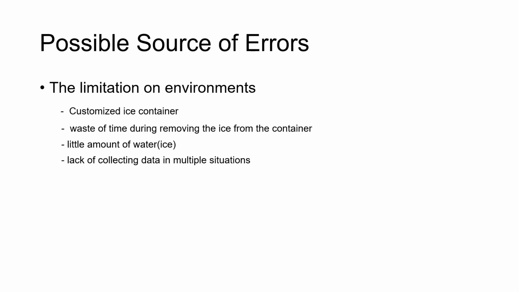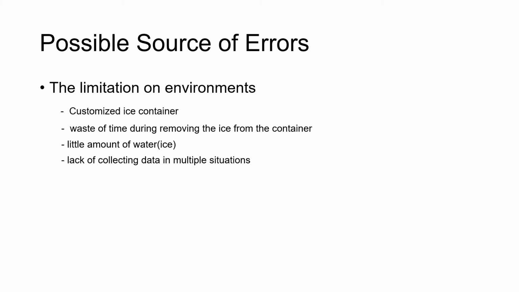The possible source of errors for this experiment is the limitation of the environment. The ice container was customized, and I don't think it is the best material for an ice container.